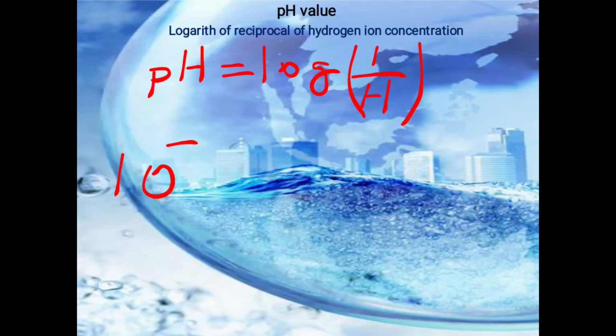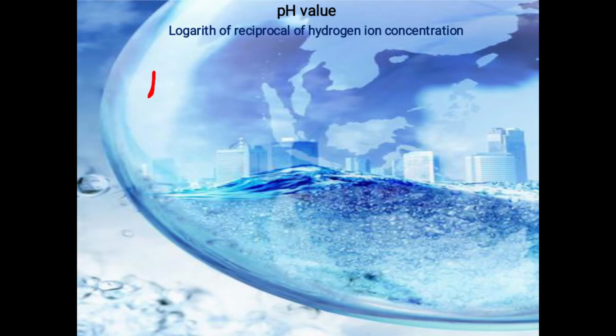Then for pure water, pH is 7. If the pH of water is more than 7, it will be alkaline, and if it is less than 7, it will be acidic. The maximum acidity will be at 0 value of pH, and the maximum alkalinity will be at a value of pH equal to 14.